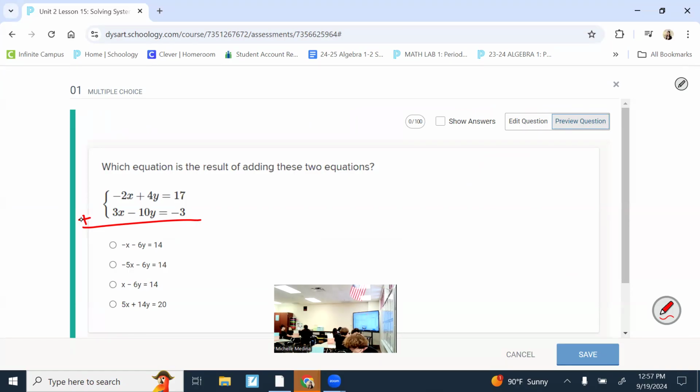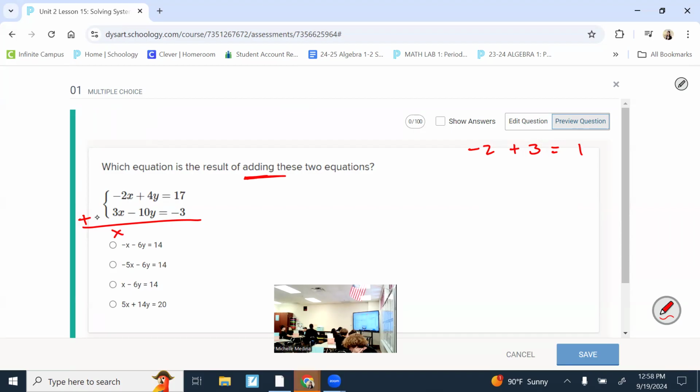So it's negative 2x plus 3x. No, negative 2 plus 3, because they want you to add these two things. Okay, 1, good, so it's a positive x.